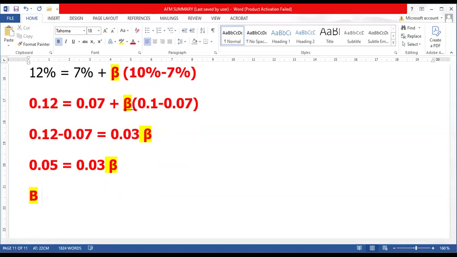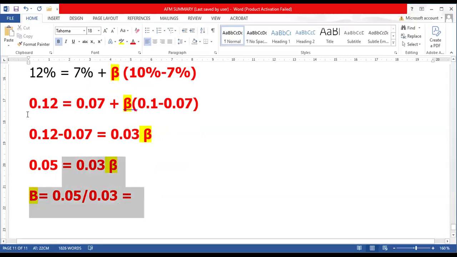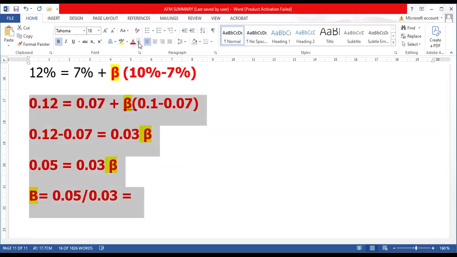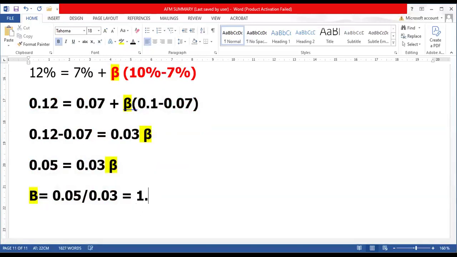Beta will be 0.05 divided by 0.03. What do you get? 1.67. And that is your equity beta.